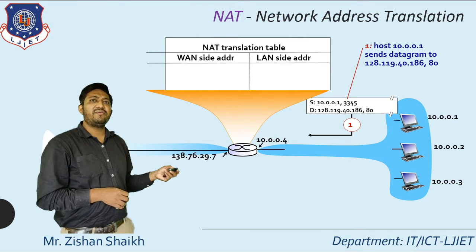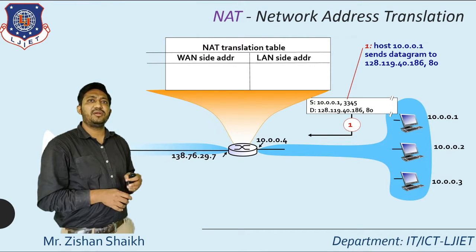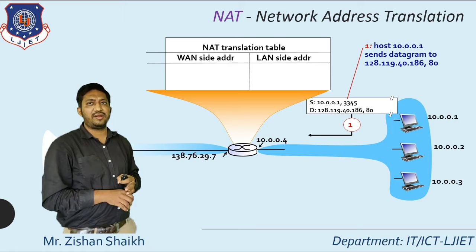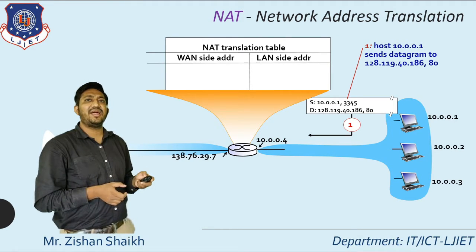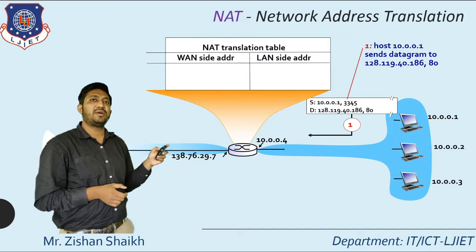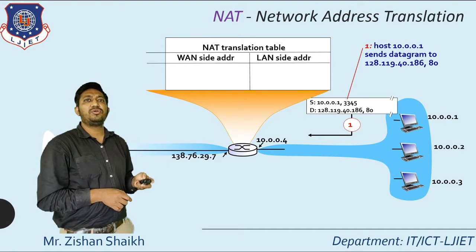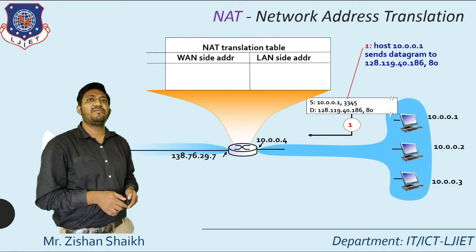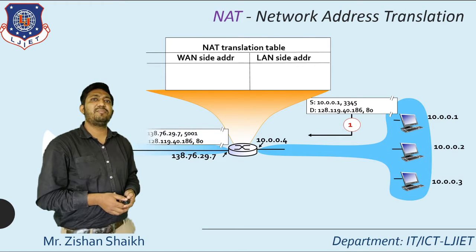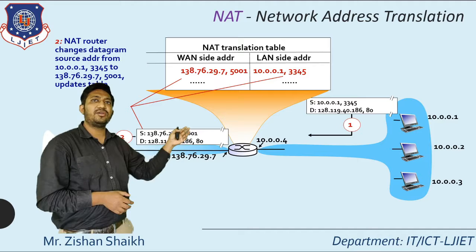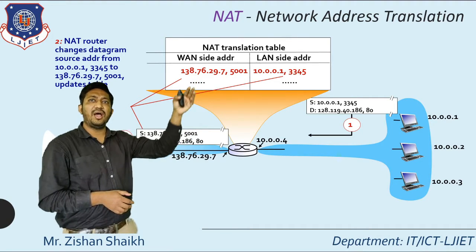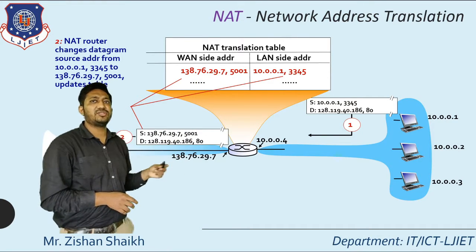Now NAT will convert that IP address into some specific IP address that will be maintained in the NAT table, and that entry will be maintained for that particular host. Using this data item, all the information is maintained in NAT, and the new IP address moves outside of that particular range.